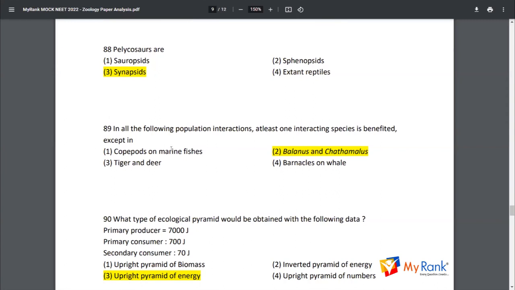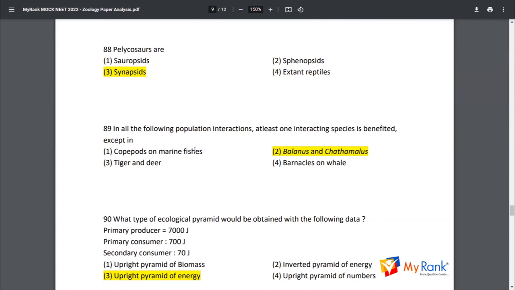Moving to question number 89. In the following population interactions, at least one interacting species is benefited, except in. So here, we should check for the answer in which both of them are getting affected by the interaction. There is no benefit, but there is only loss in case of this interaction.